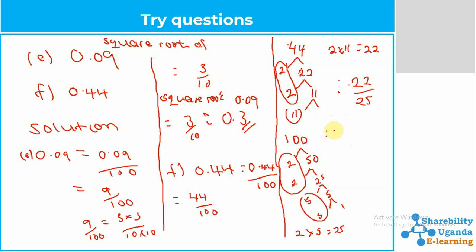So here we can comment that our 0.044 is not a square number, because if we try this, we shall not be able to get it. If we multiply this 25 times 25, it doesn't give us the number.